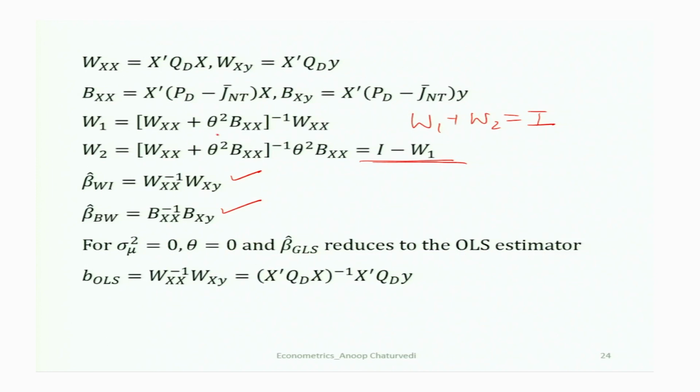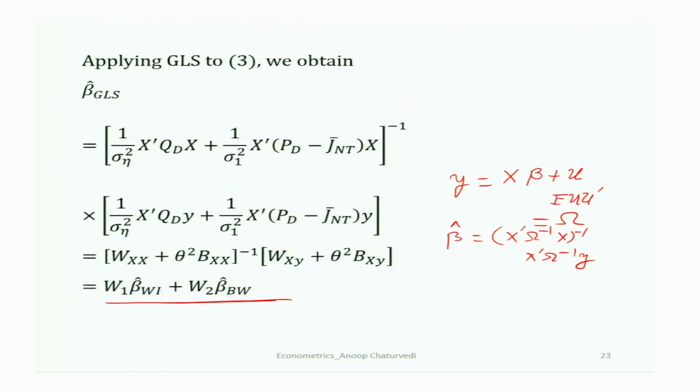If theta is equal to 0, you get 0 here, you get 0 here. So, you get this within estimator, and then you have this term 0, this term 0. So, you get within estimator here.